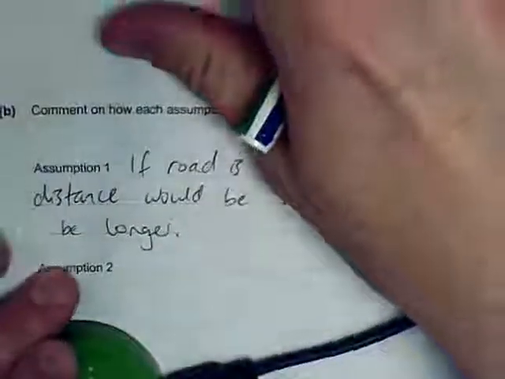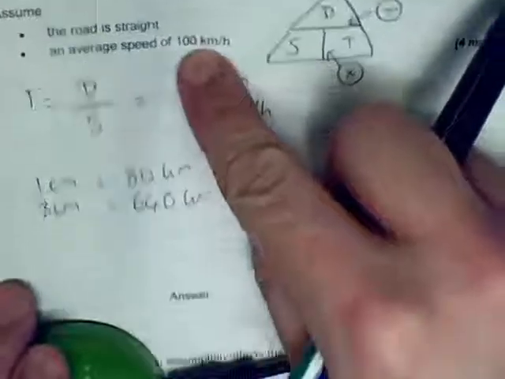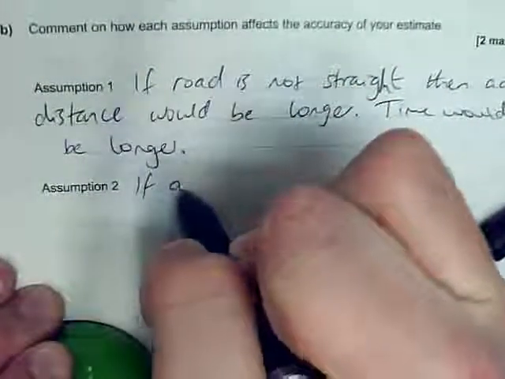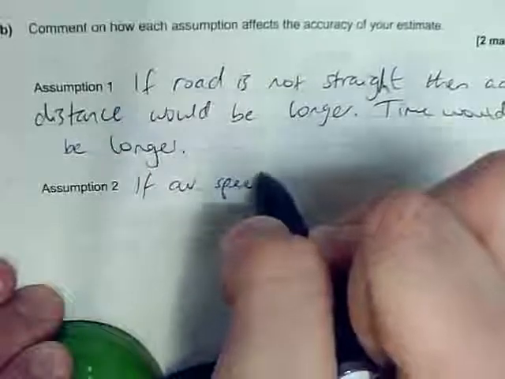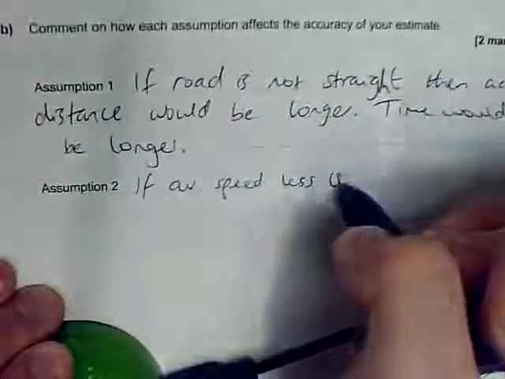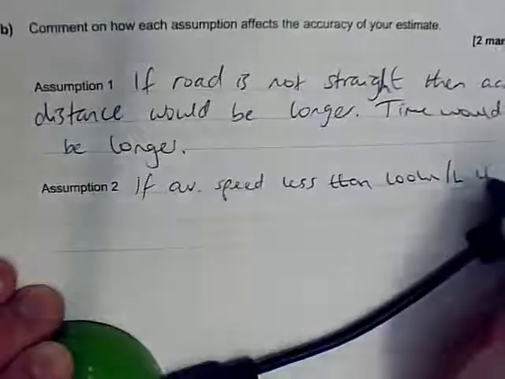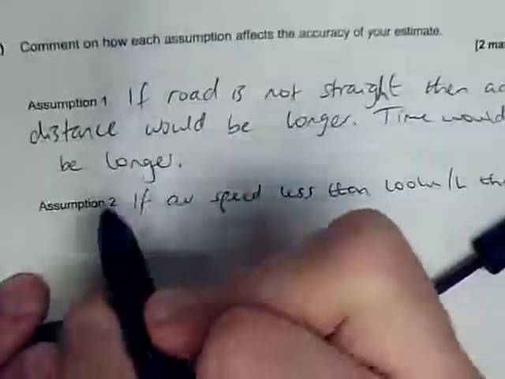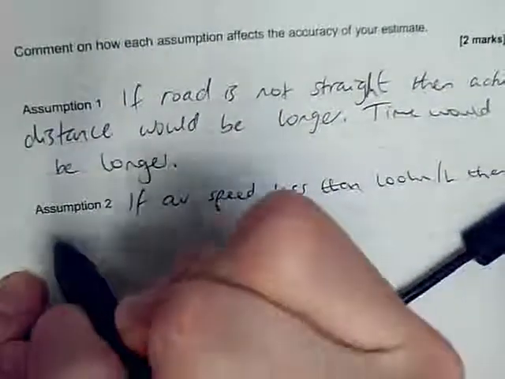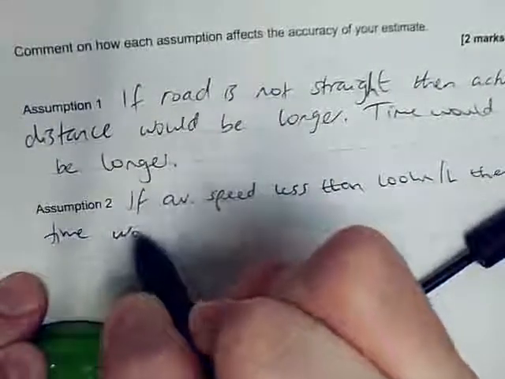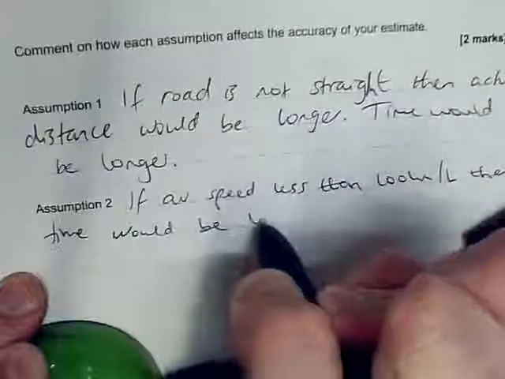The second assumption was that the average speed was 100 kilometres per hour. So if the average speed was less than 100, then the time would be longer also.